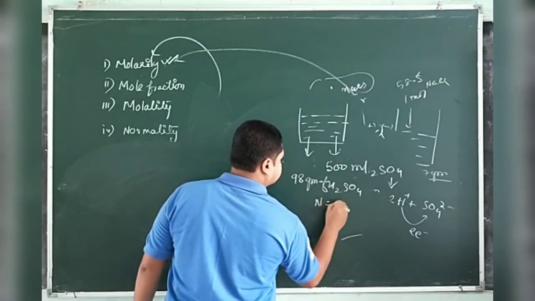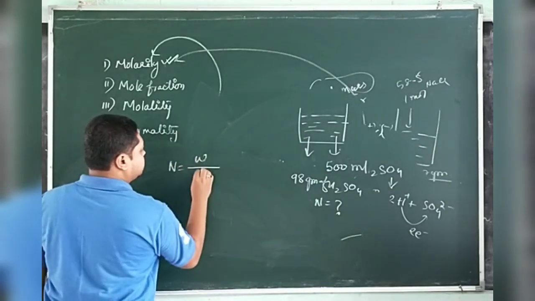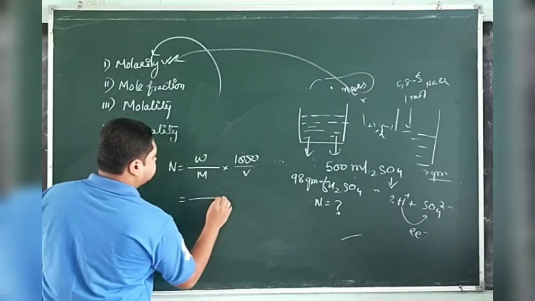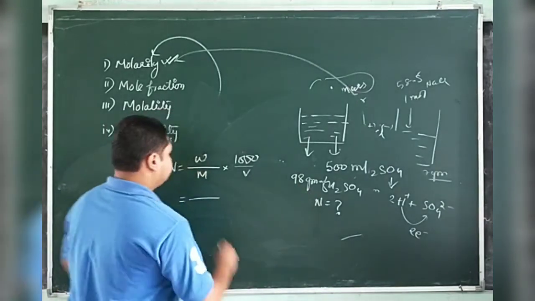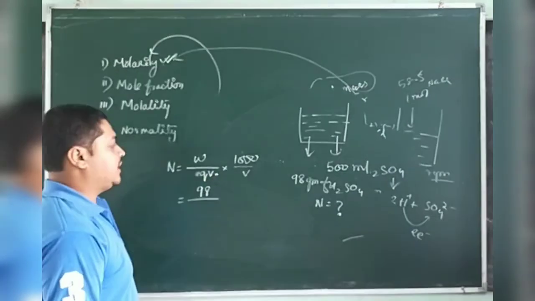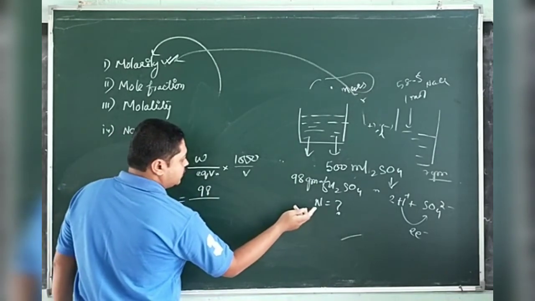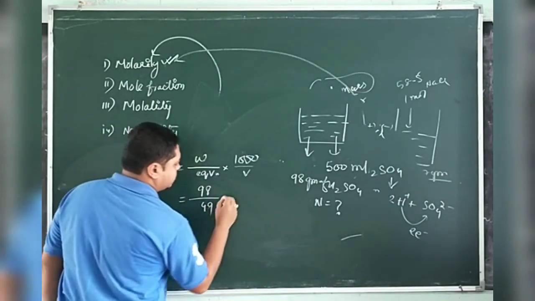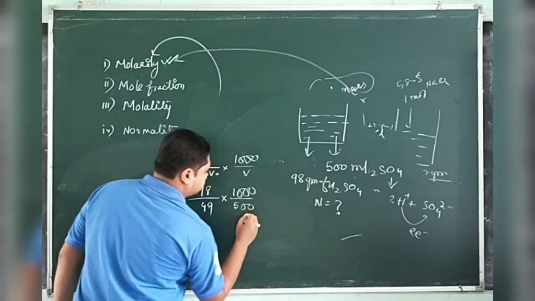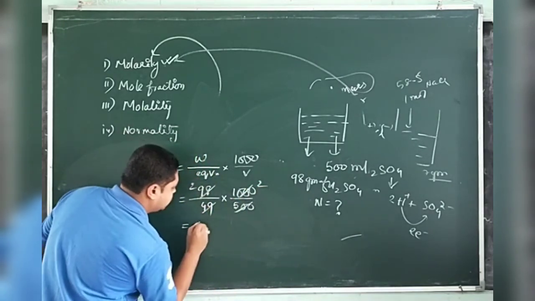Calculate the normality. So normality is equal to weight divided by equivalent mass of solute and 1000 divided by V. The weight is 98 gram. Not molecular mass, this one is equivalent mass. So the equivalent mass of H2SO4 is 49. And 1000 divided by V, that is 500. So 2. So that is the normality.